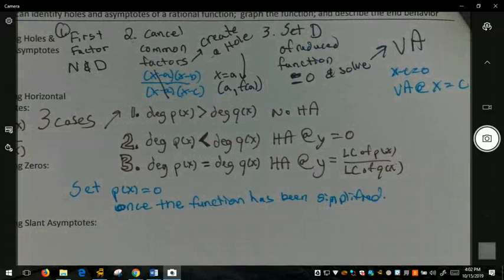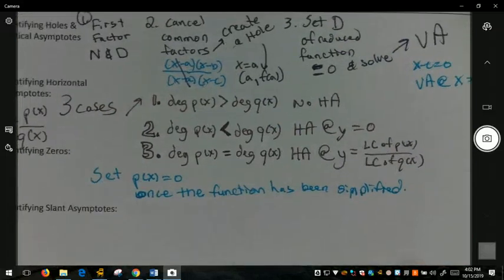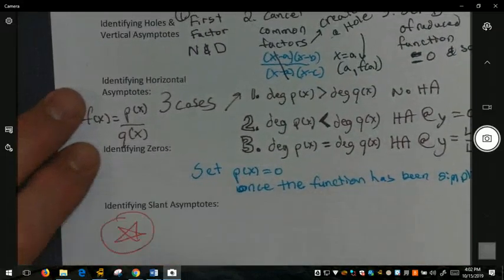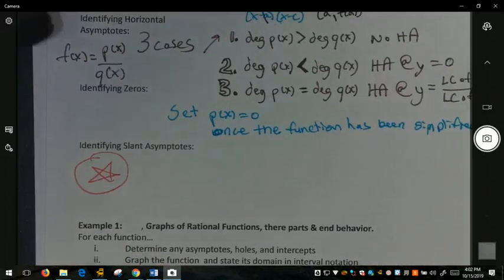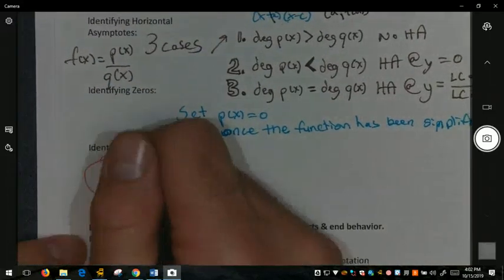The newest concept, this should all be reviewed from Algebra 2. The newest concept, unless your teacher covered it last year, which most do not, is the slant asymptotes.